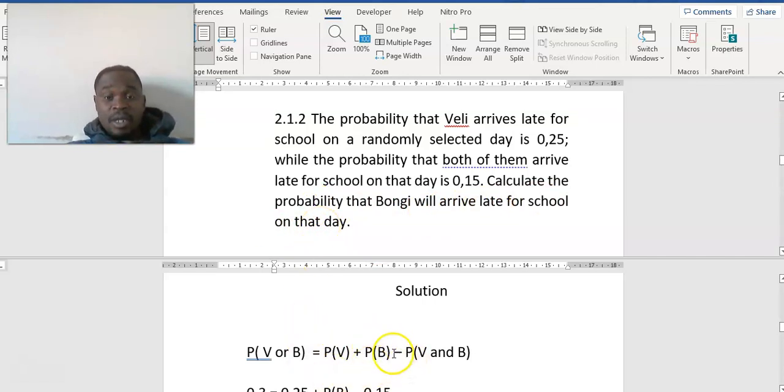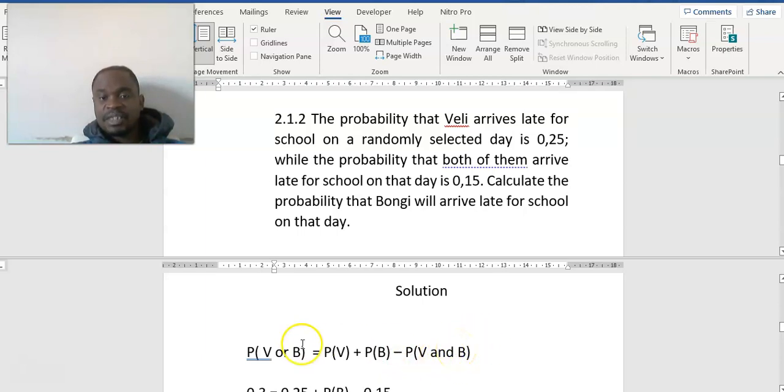We want Bongani, but we know that the probability of at least one of them arriving late is another way of writing: the probability that Verily will come to school late, plus the probability that Bongani will come to school late, minus the probability that both of them will come to school late.